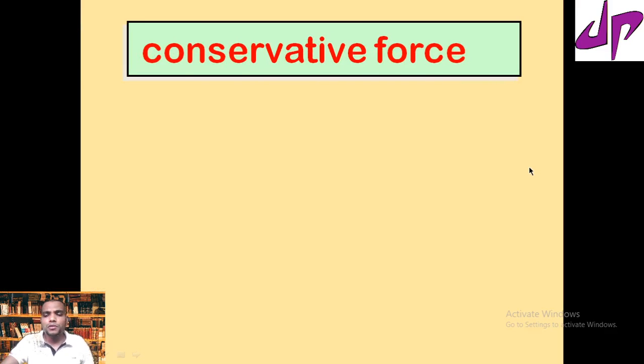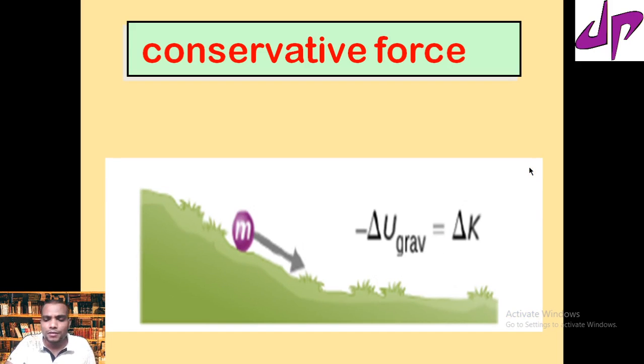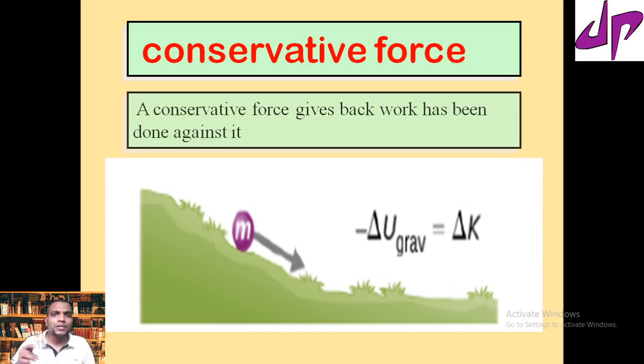So conservative force is nothing but a force which gives back work that has been done against it. So here in this case, the work done to keep the object on top of a hill, that is the work done by me.